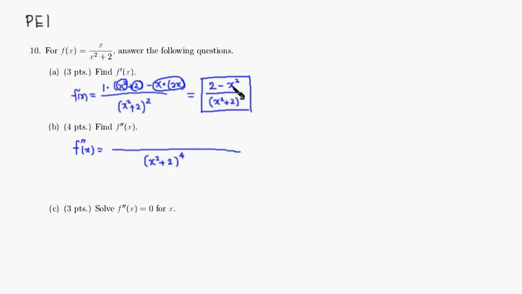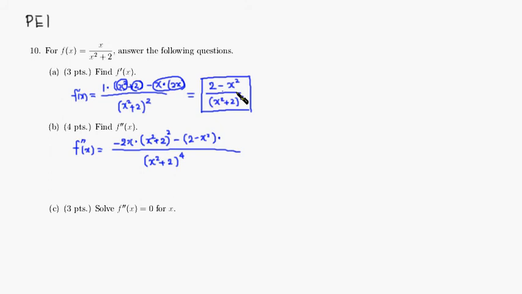Then derivative of the top is negative 2x, times the denominator, the bottom guy, quantity x squared plus 2 squared, minus, top guy is 2 minus x squared times derivative of the bottom.